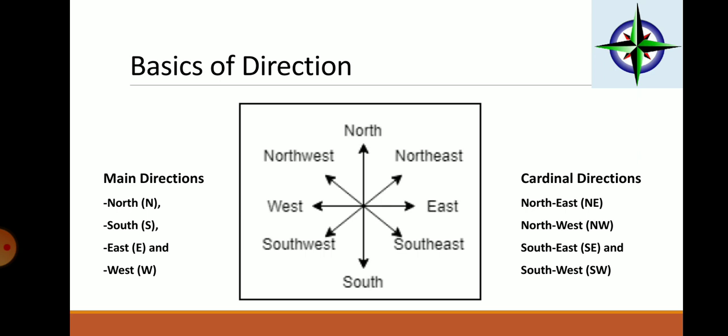So these are the four basic directions: north, south, east, west. We represent north by N, south by S, east by E and west by W. There are also four cardinal directions: northeast, represented by NE, northwest, represented by NW, southeast, represented by SE, and southwest, represented by SW.